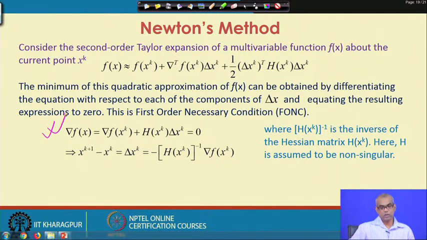This is set equal to 0, and you can solve for del x k, which is nothing but x k plus 1 minus x k, which is minus of Hessian inverse into gradient, both evaluated at x k.